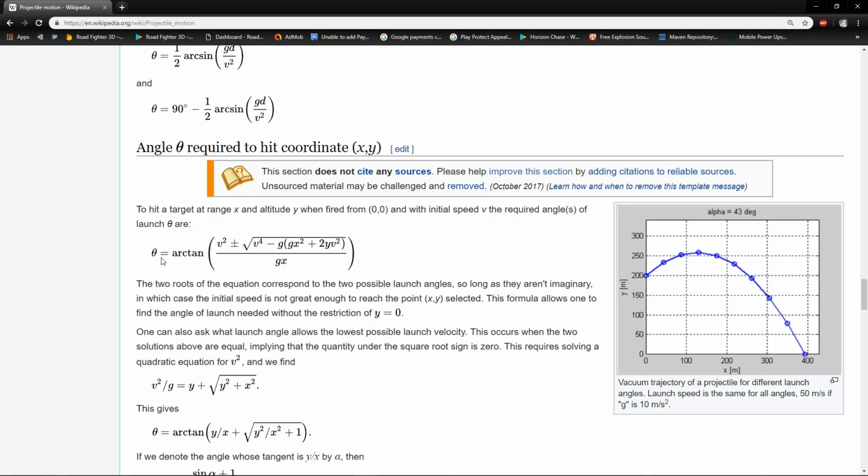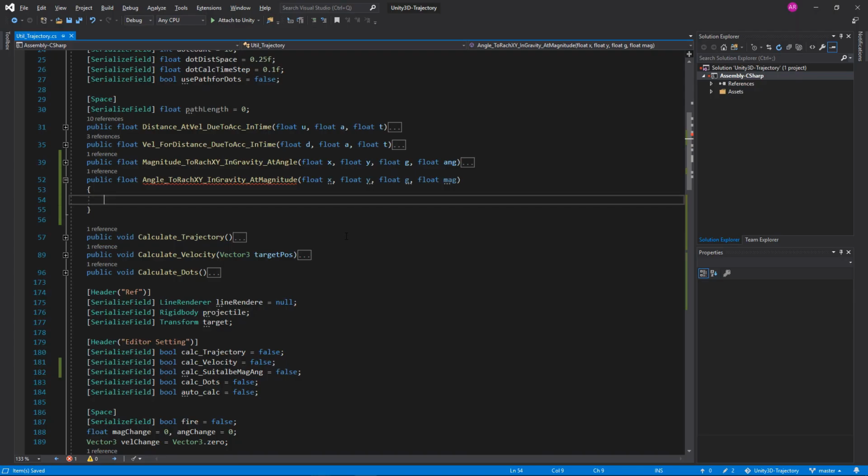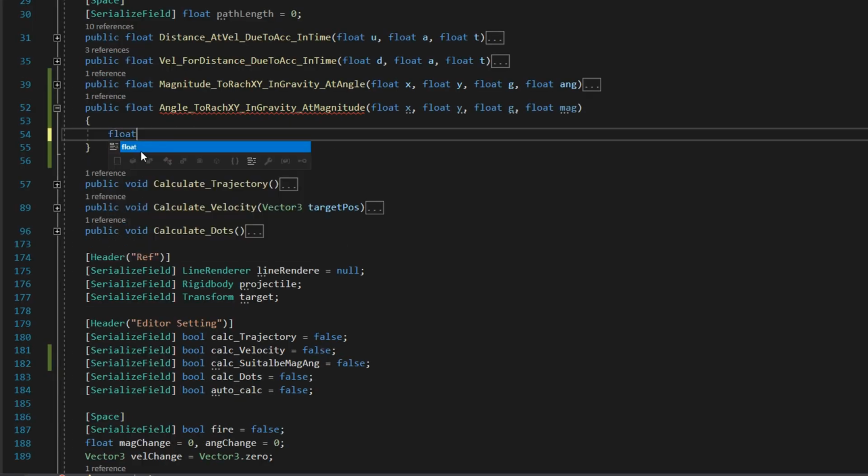The angle will be the arctan of v square plus or minus under root of v to the power 4 minus gravity into g x square plus 2 y v square, upon g x. Wow, this is beautiful. So let's take it one by one. So float inner of square root.